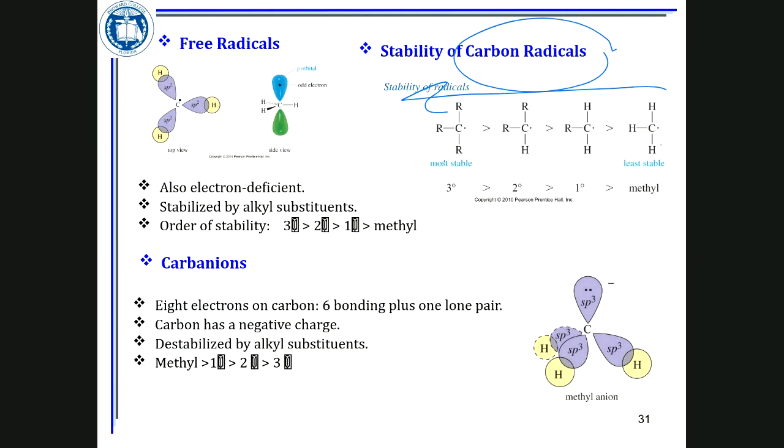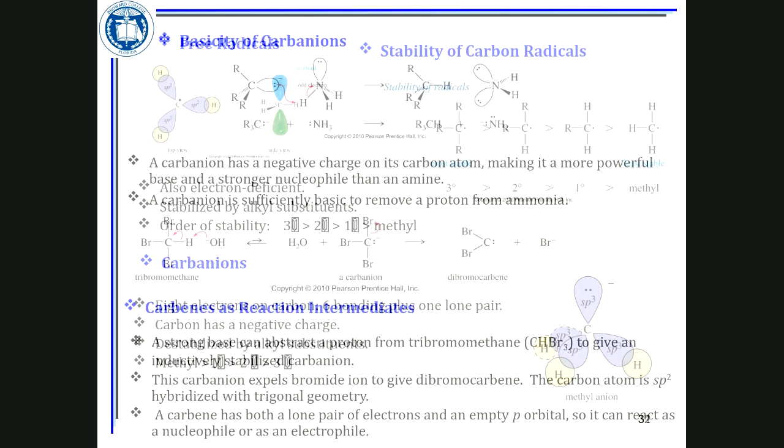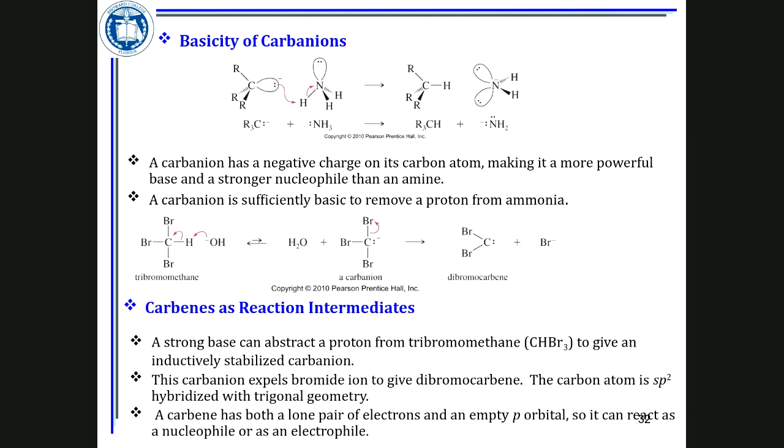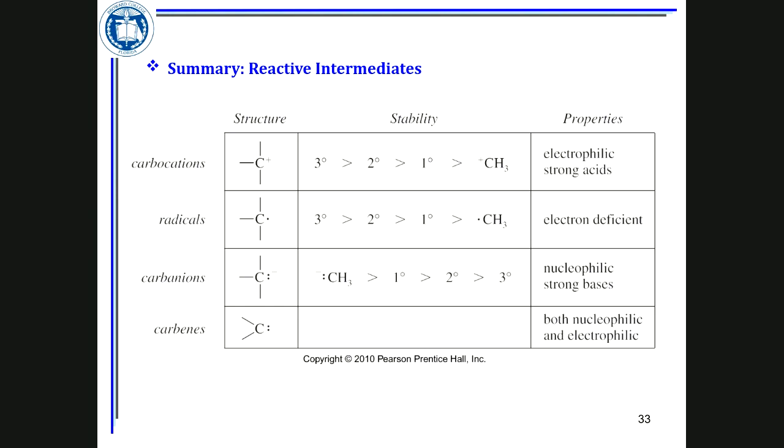For carbanion it is the opposite. For carbanion, methyl is going to be more stable, then primary, then secondary, then tertiary. Why for carbanion? Methyl carbanion is more stable than primary, because carbanion is a carbon that carries a negative charge.